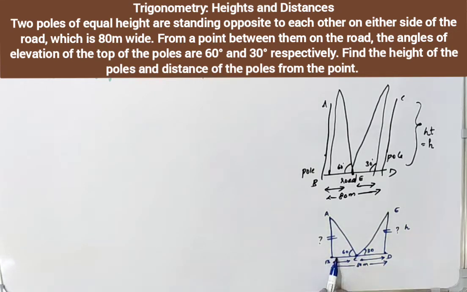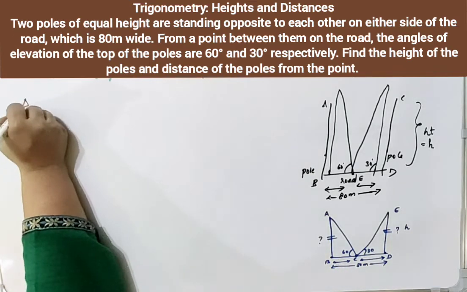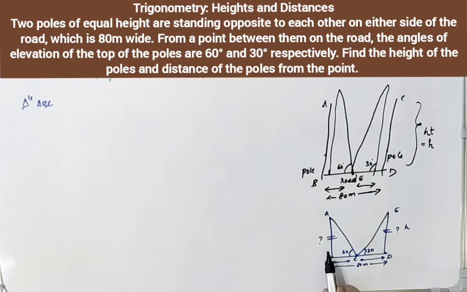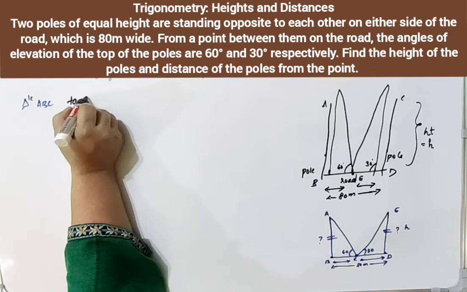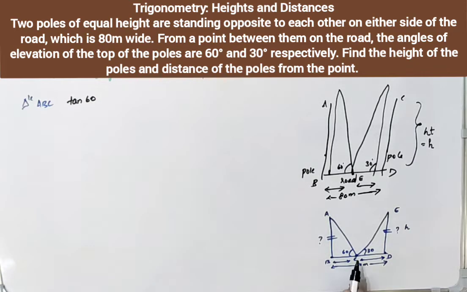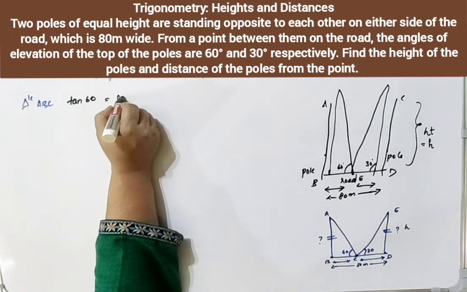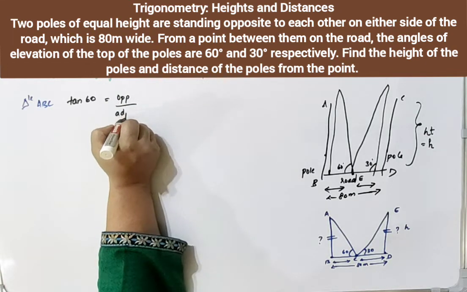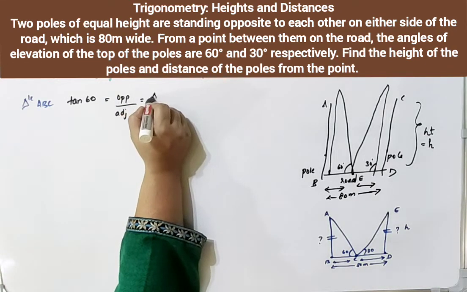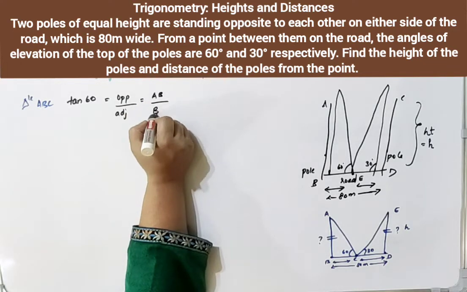Let's take the first triangle, say triangle ABC. Let's use the tan formula because we need to find the height, and we can arrive at the base, the adjacent side length. So we'll use tan 60 because 60 is the angle of elevation here, and tan is opposite side by adjacent side. Opposite side is AB by BC.